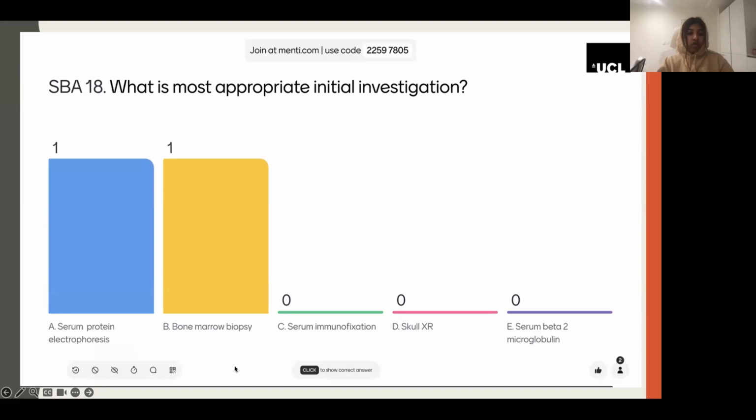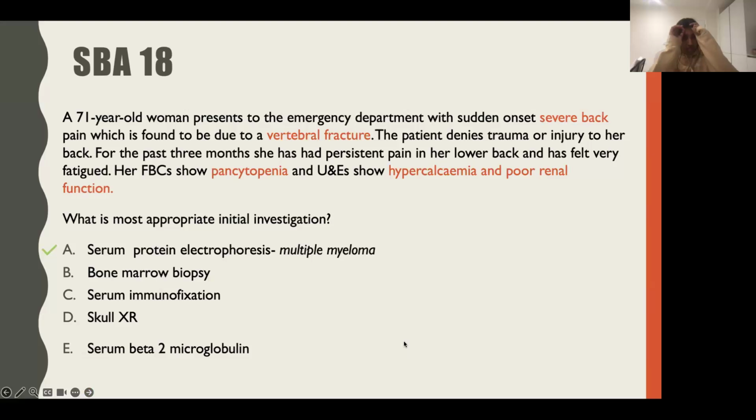Okay, so someone said serum protein electrophoresis, someone said bone marrow biopsy. Valid. I mean, we're talking about heme, so bone marrow biopsy is not a bad choice. But the correct answer here is serum protein electrophoresis, because this is multiple myeloma. Serum protein electrophoresis is the initial investigation in multiple myeloma.